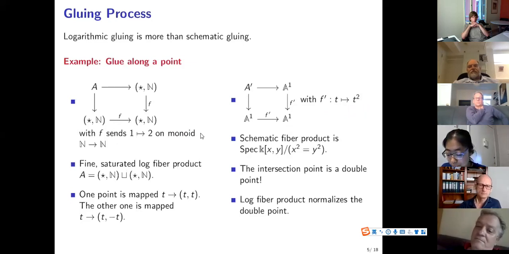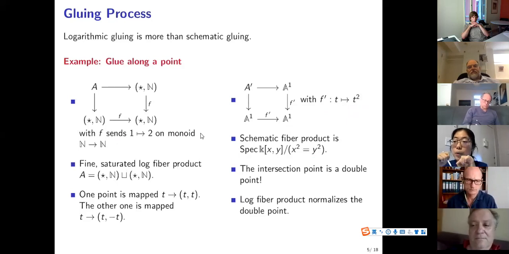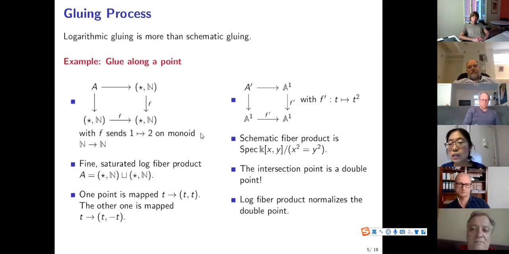If we take the schematic fiber product over here, we will get a union of 2 lines. So the diagram on the left schematically will be the pullback of the central point of this union of 2 lines. But it's actually a double point, if we remember the neighborhood of it. And the logarithmic fiber product in the good category that we want normalizes the double point. That's the reason we get a disjoint union of 2 points on the left.